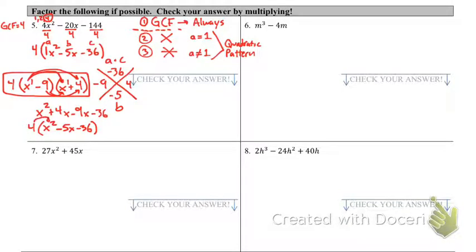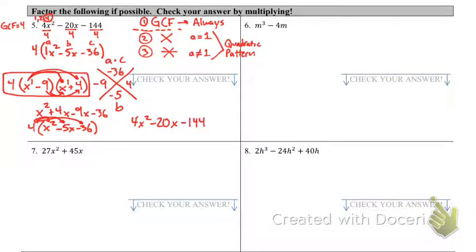So 4 times x squared is just 4x squared. 4 times negative 5 is negative 20x. And 4 times negative 36 is negative 144. So if you look, we should get our original problem back if we did everything correctly. And so we do. That means we factored correctly. So that's how you would check your answer.